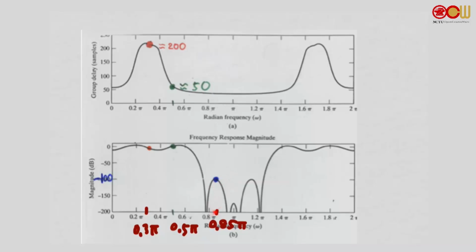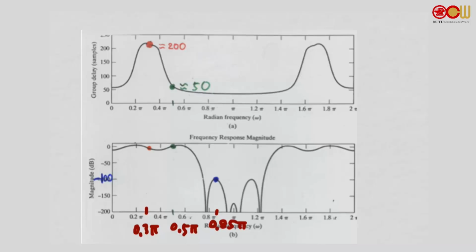So we can expect that later on in the output we can only expect the peak centered at 0.3 pi and the peak centered at 0.5 pi will go through the system, but the peak here will be almost eliminated by the system.